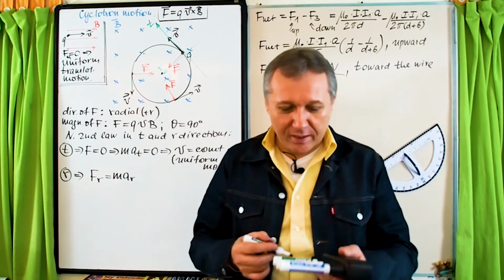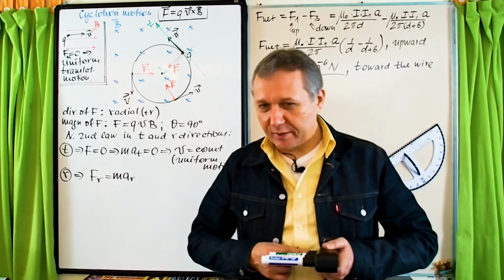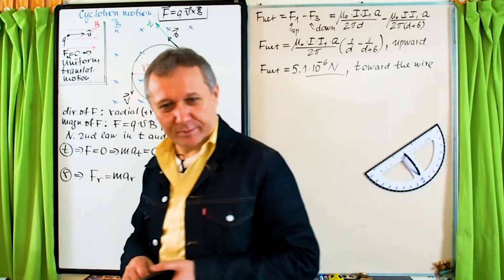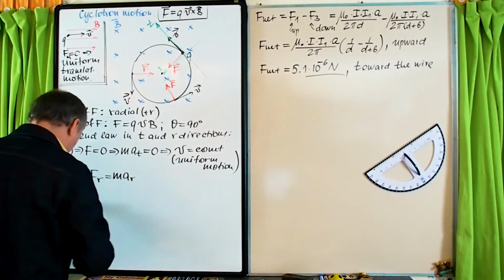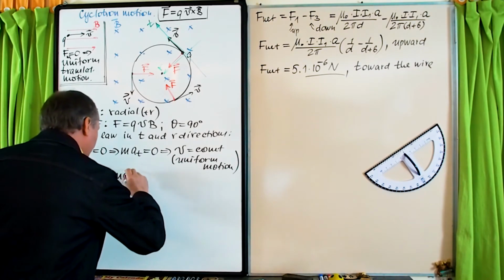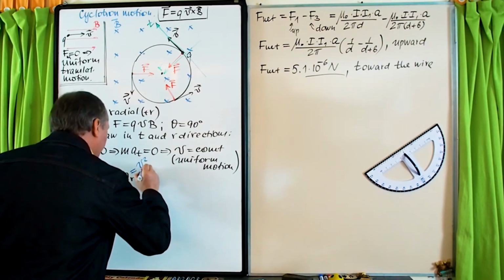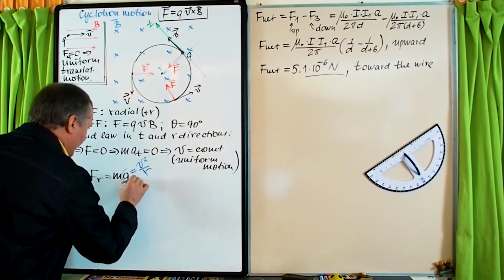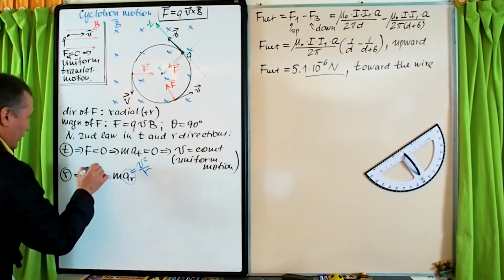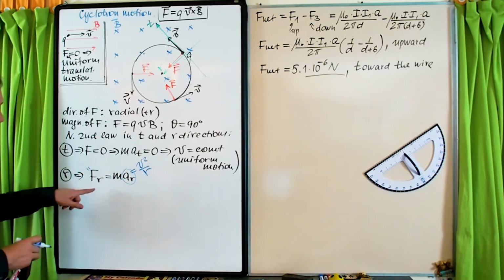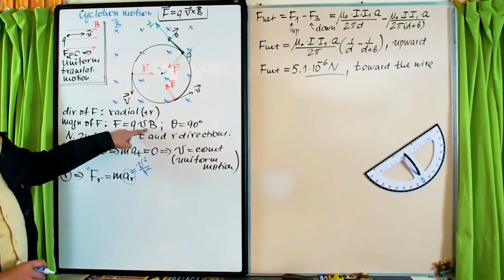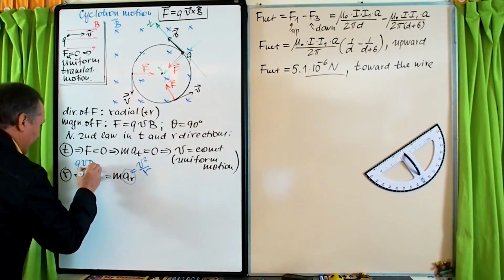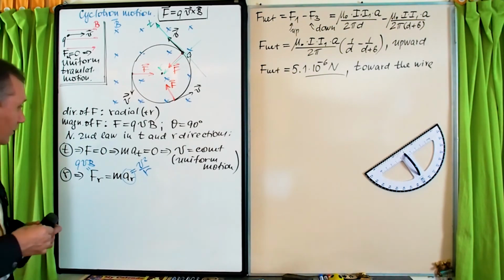Usually students remember the name, but most of the time they don't remember the expression for the centripetal acceleration. It's the square of the velocity divided by the radius. So this is v squared over r, the centripetal acceleration. And of course the force in the radial direction is our magnetic force, QVB.